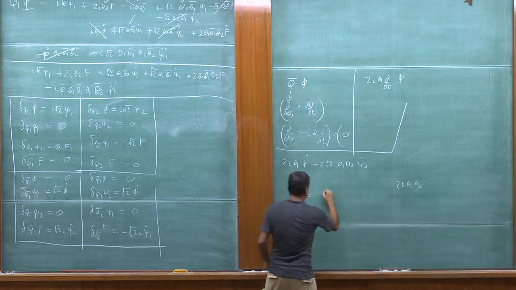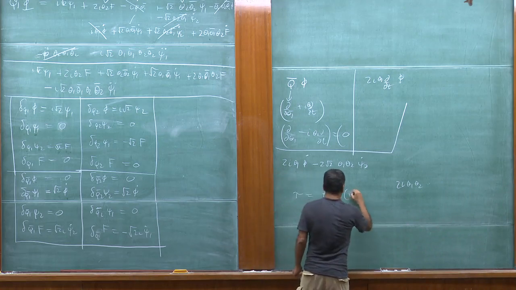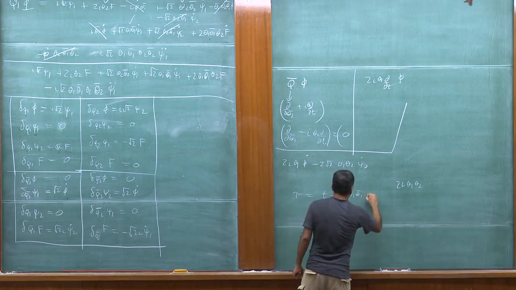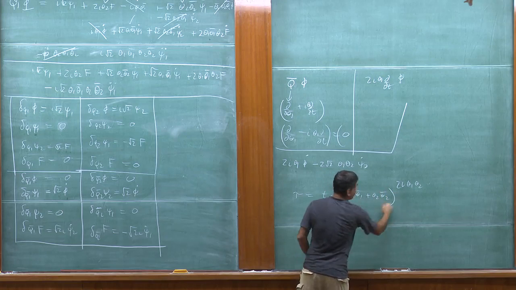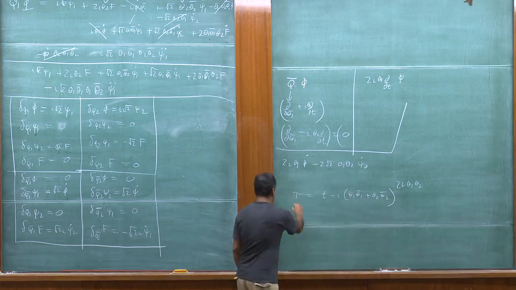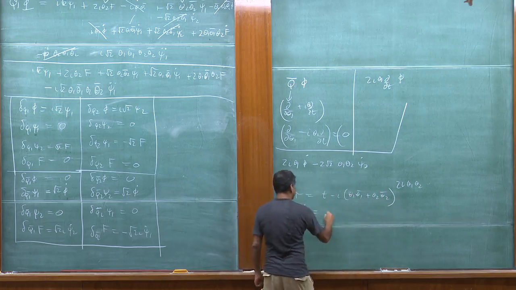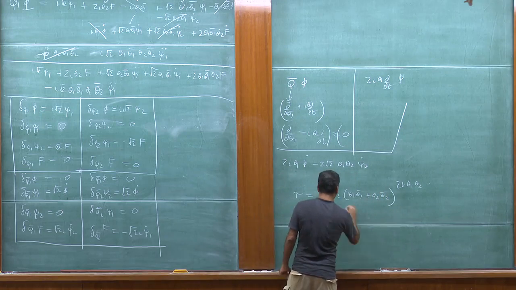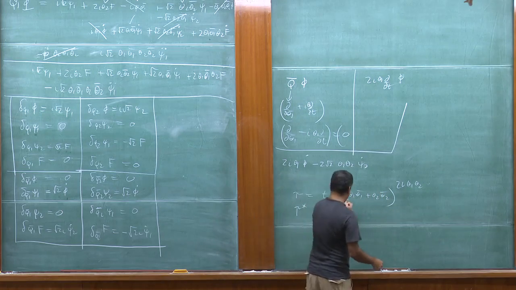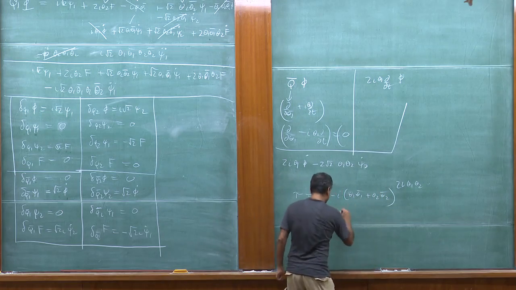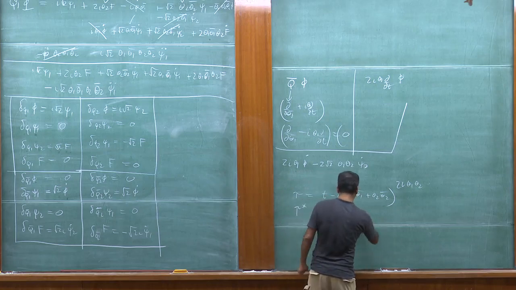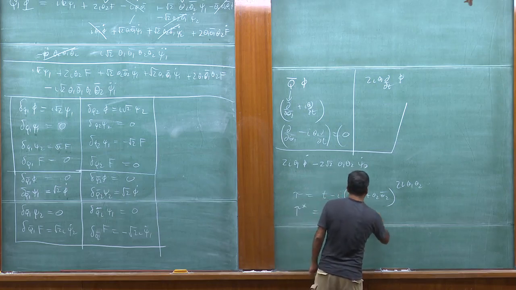Tau was equal to t minus i theta 1 bar plus theta 2 bar. Tau star, therefore, was equal to t plus i, same thing, but you can write it more illuminatingly as t minus i theta 1 bar theta 1 plus theta 2 bar theta 2.